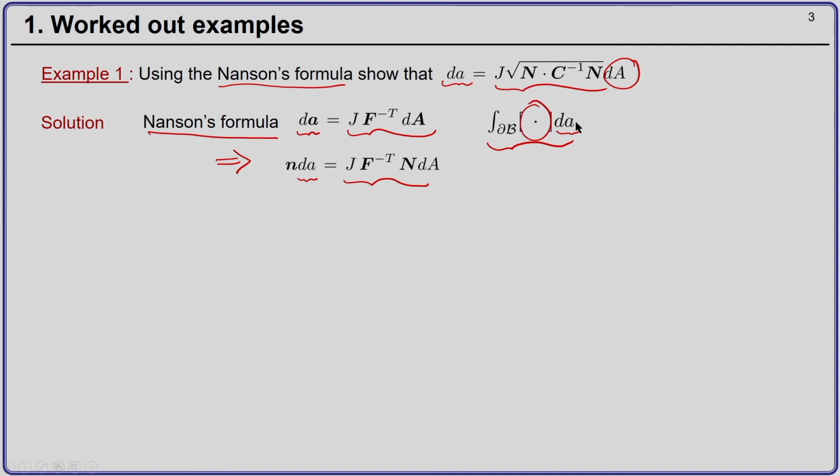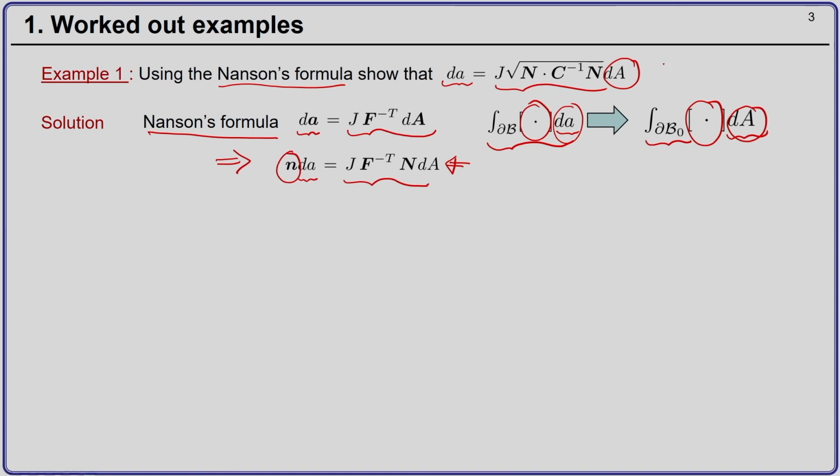You need to convert it to a surface integral over the initial area, with the integrand times d capital A. Therefore, you need a relation for dA in terms of d capital A, while Nanson's formula does not explicitly give us this relation, since a normal is present.